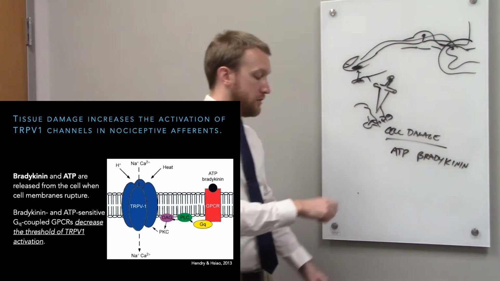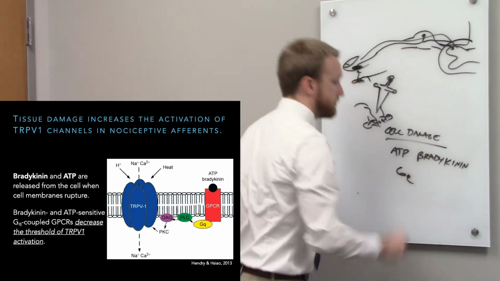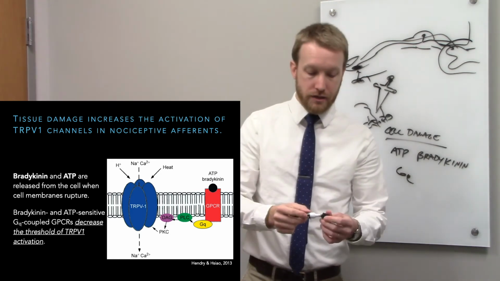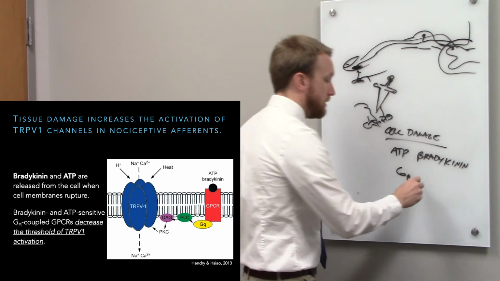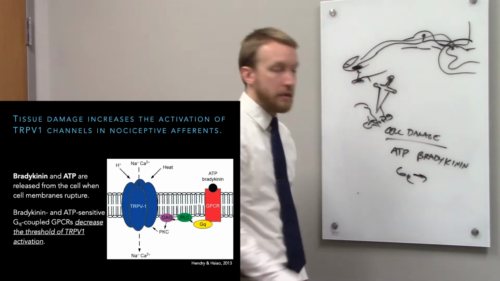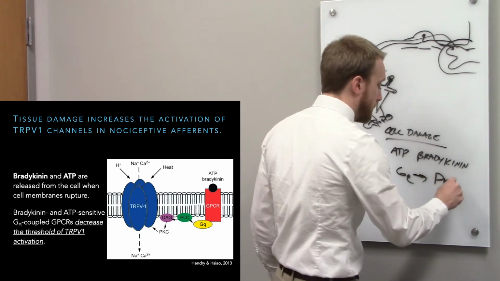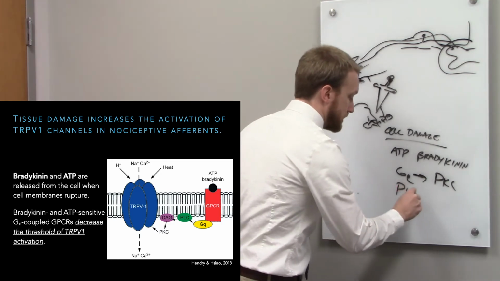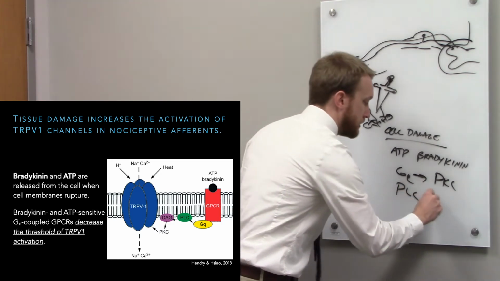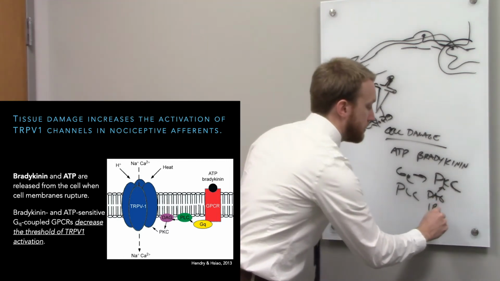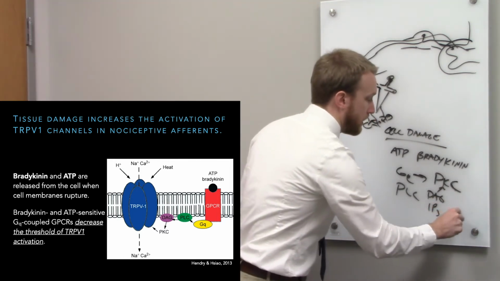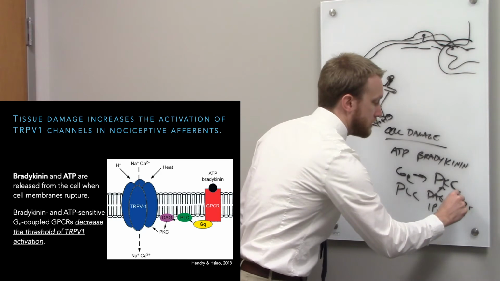These are going to bind to Gq coupled receptors on nociceptive afferents. That's going to then stimulate, in a very roundabout manner, protein kinase C. Remember, we're going to stimulate phospholipase C. That's going to create diacylglycerol that helps stimulate protein kinase C. It'll also create IP3. That'll, in a roundabout manner, increase intracellular calcium.